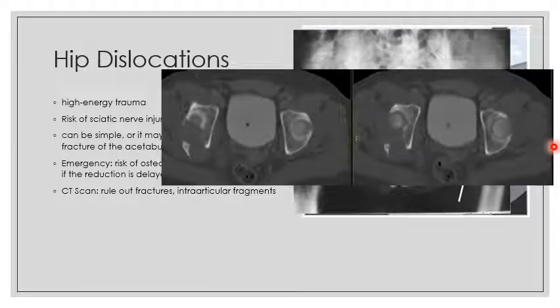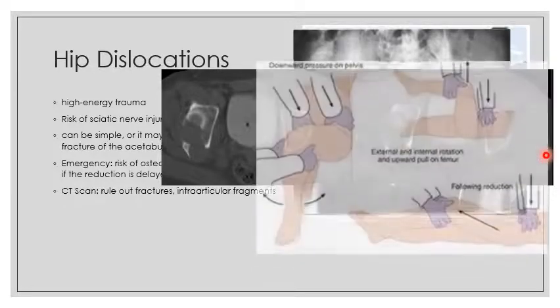CT scan to rule out fractures. So this one you already reduced, but you can see the small fragment. So there's a risk of this one coming out. And if this one is quite too far, then you have to really fix it back to the joint.